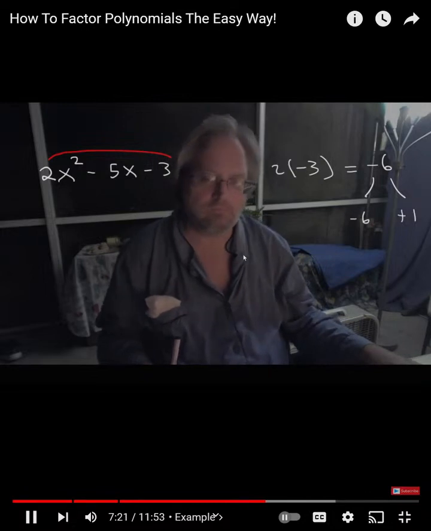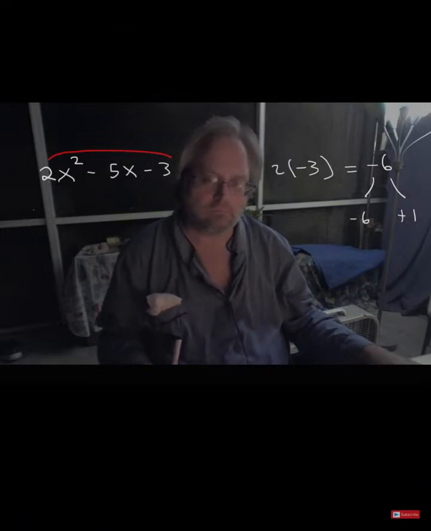Negative 6 times 1 is still negative 6, but adds up to negative 5.